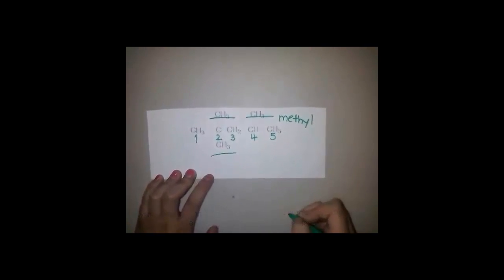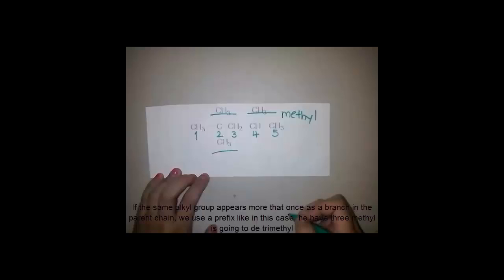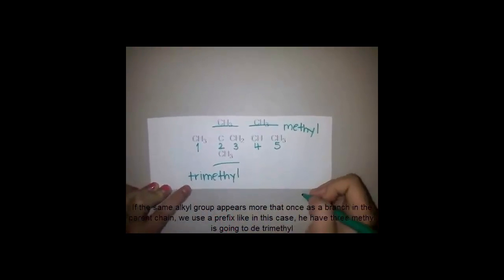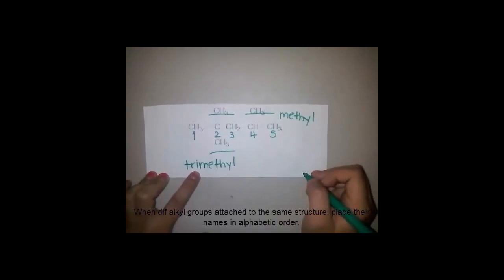Now we have to name each alkyl group, and in this case the 3 alkyl groups are going to be methyl. Now, if the same alkyl group appears more than once as a branch in the parent chain, we use a prefix. Like in this case we have 3-methyl. When different alkyl groups attach to the same structure, place their names in alphabetical order, but in this case we just have methyl.